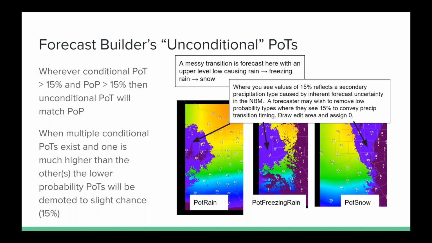And if you as a forecaster believe, hey, there's going to be ice aloft, you've looked at several guidance members and determined that yes, this is a situation where we're going to just keep that ice. You could just go in there and get rid of that 15 section, bing, bang, boom, those types are gone, and you're just left with the PoT snow.